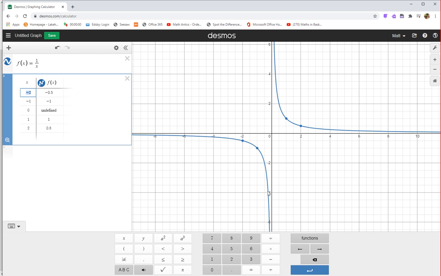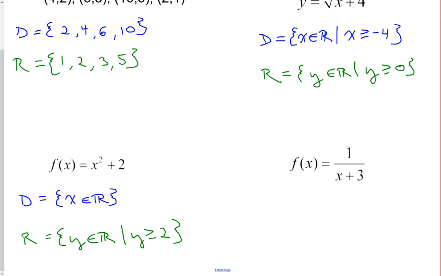There's nothing there at 0. But this isn't actually the function we're dealing with. It's a bit changed. It's 1 over x plus 3. So that plus 3 is in with the x. That tells me it's a horizontal shifter, left or right. And since it's a plus, that tells me it's actually going to go in the negative direction, because for our horizontal shifter, it works opposite. So it's going to shift it to the left.